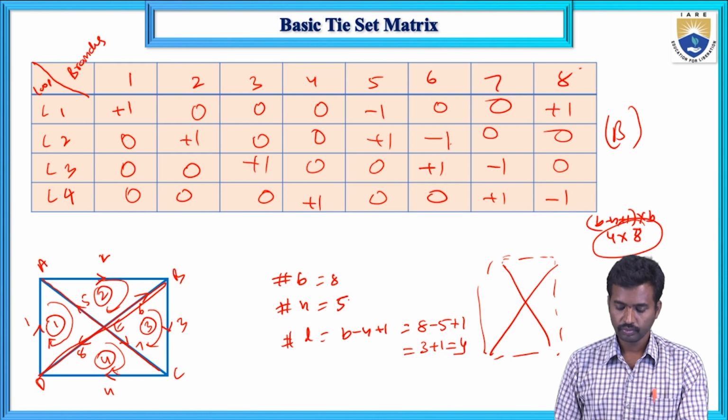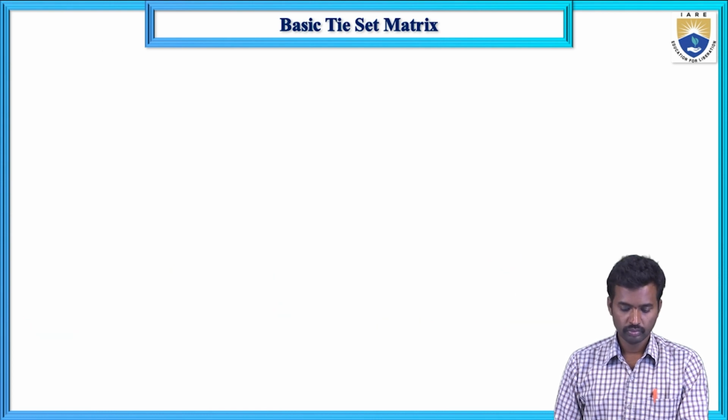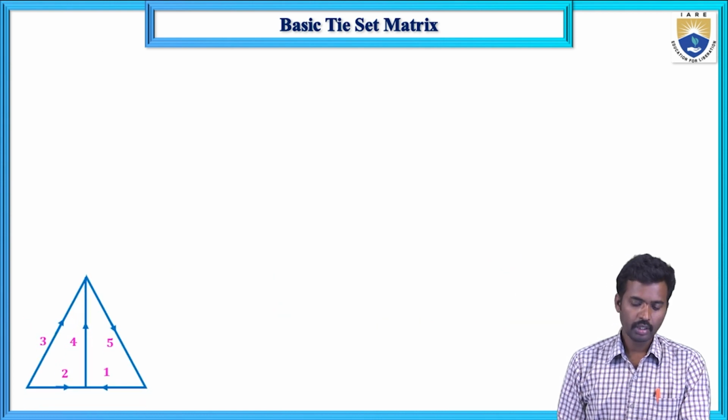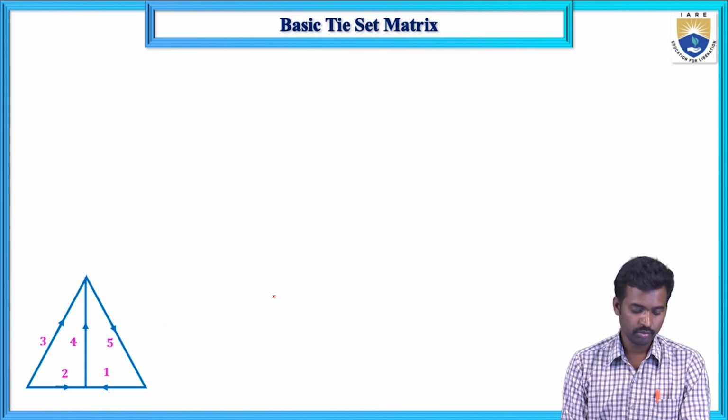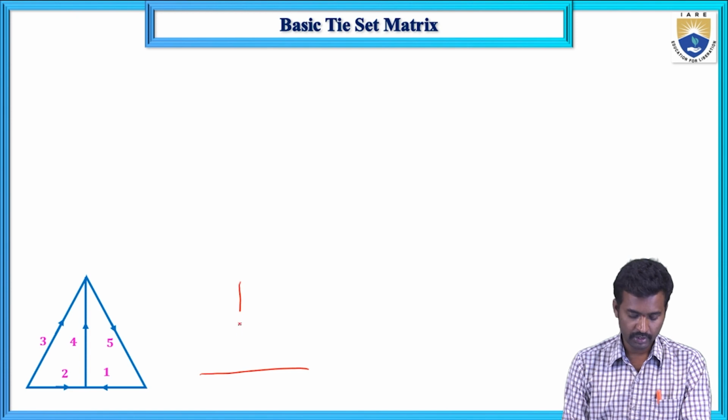Now, determine the basic tie set matrix for this particular graph. So now here I am selecting this tree. So these are the two links.